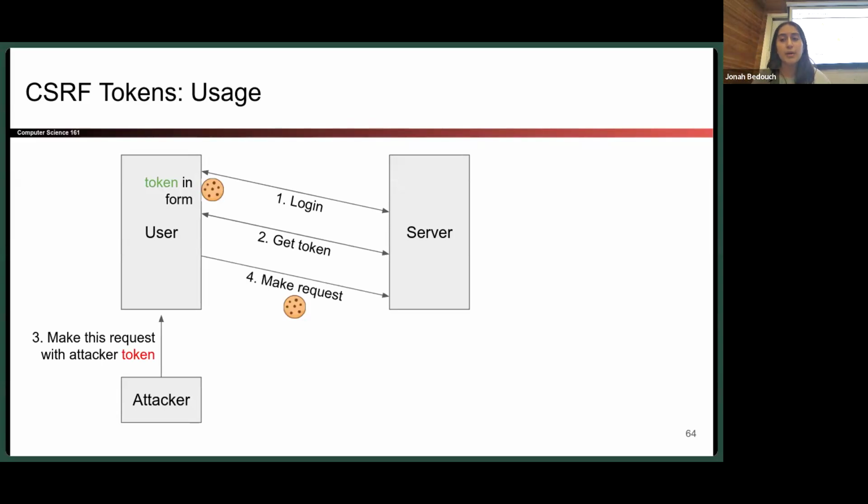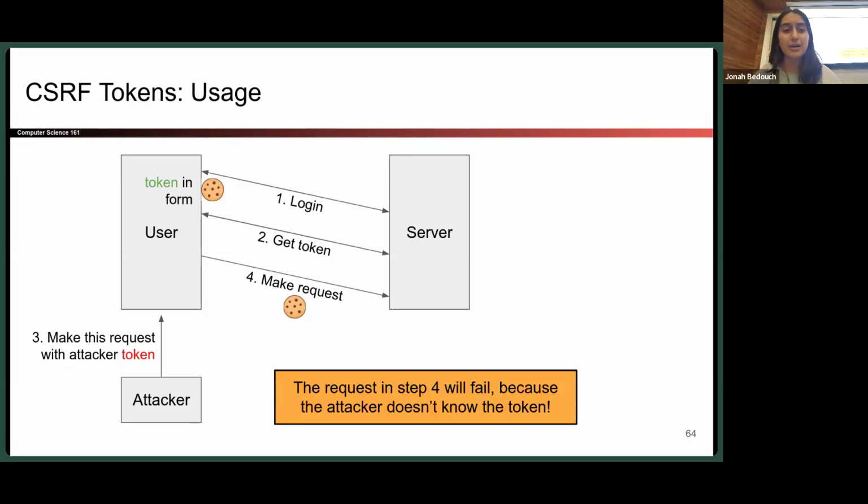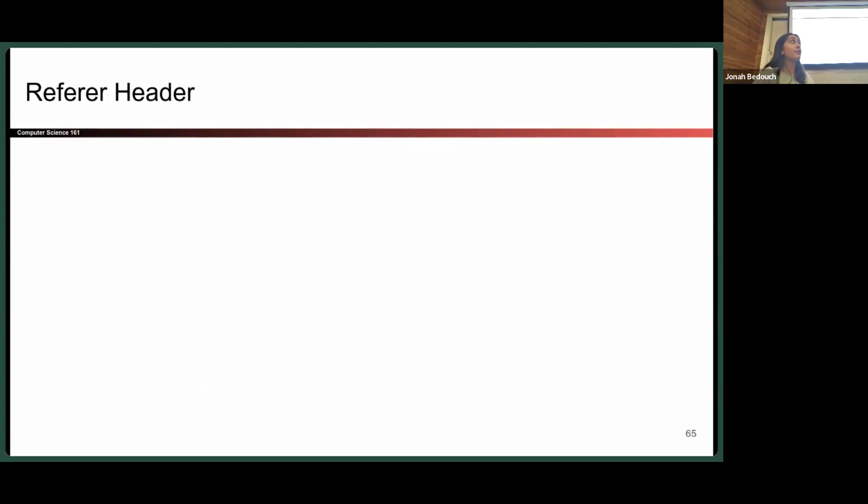But when we make the request, the token is going to be the attacker's token and not my token. So when they compare the tokens, they're going to be wrong, and the request is going to fail. Okay, great. Because the attacker doesn't know your token, it's no longer going to work. That's our first defense.